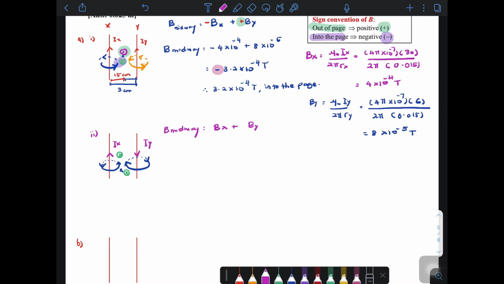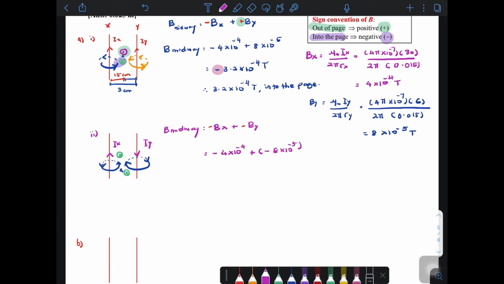So bila dua-dua masuk, kalau into the page, both akan jadi negatif. So BX nilainya tak berubah, masih sama, cuma sign je yang berubah. So BX ialah negatif 4 exponent negative 4 plus negative 8 exponent negative 5. So bila kita kira, kita akan dapat 4 exponent negative 4 minus 8 exponent negative 5.